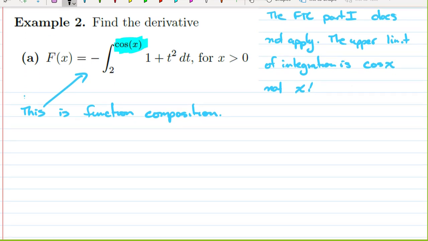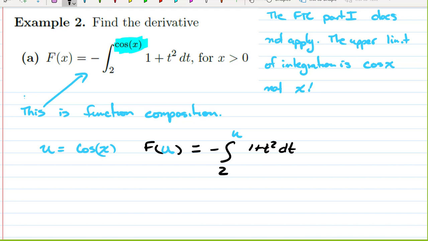So we'll note that we can write it this way. If we say u is equal to cosine of x, then we have f of u is equal to the negative of the integral from 2 to u of 1 plus t squared dt.